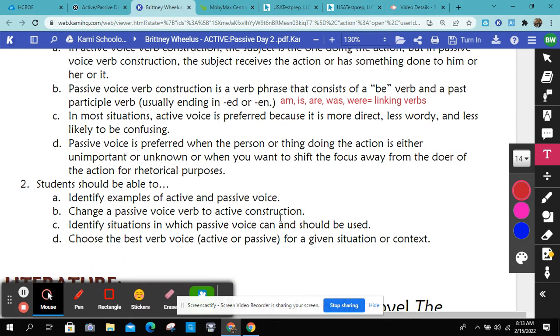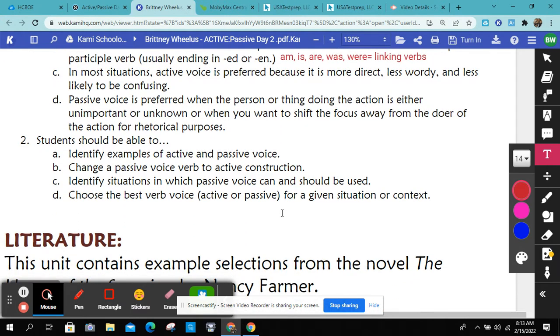Okay. By the time we finish this in a few days, okay, you should be able to identify examples of active and passive voice. You should be able to change a passive voice verb to active construction. We're doing this today. Okay.